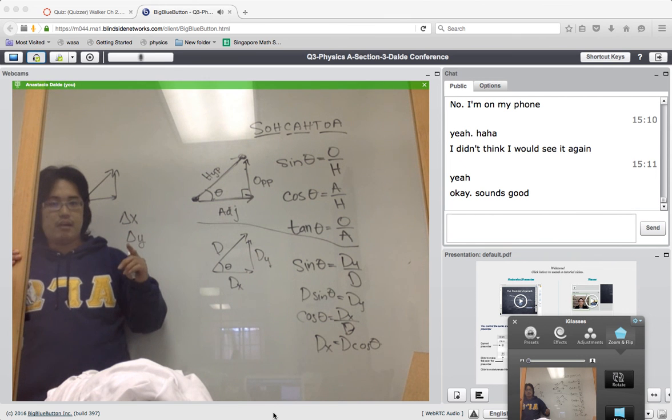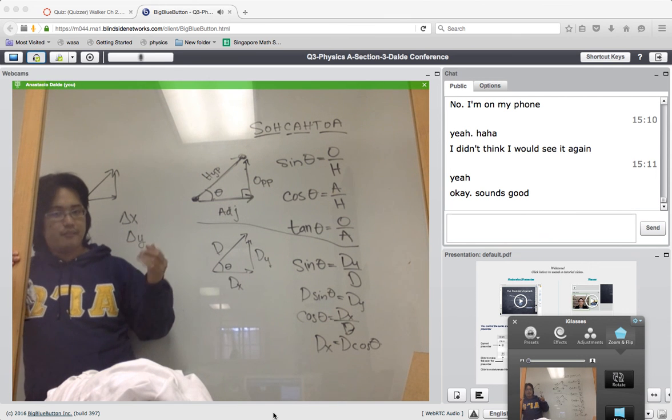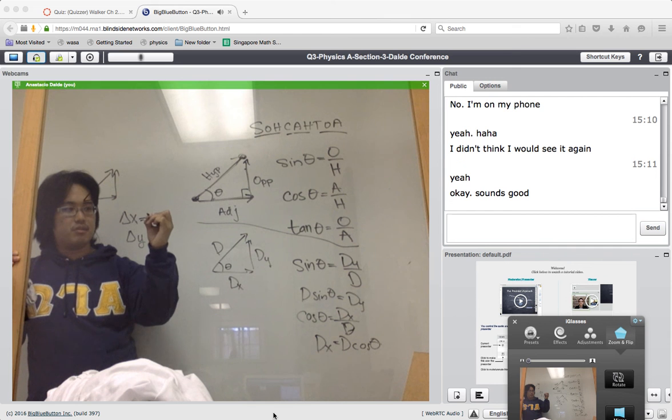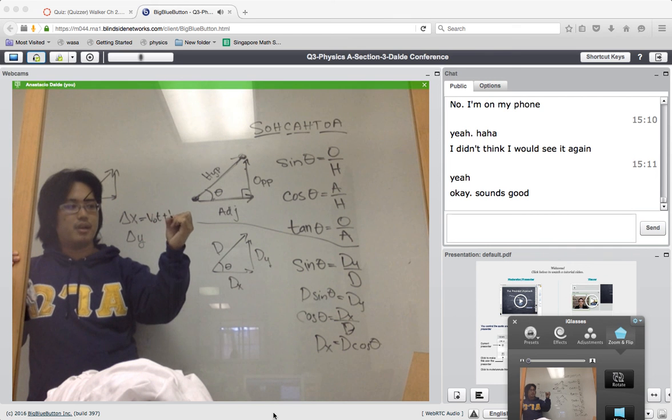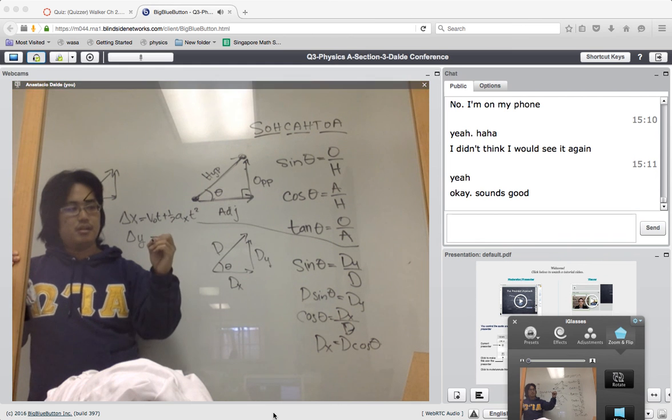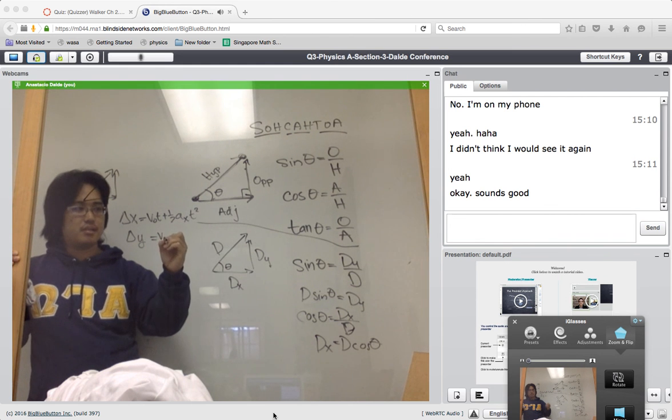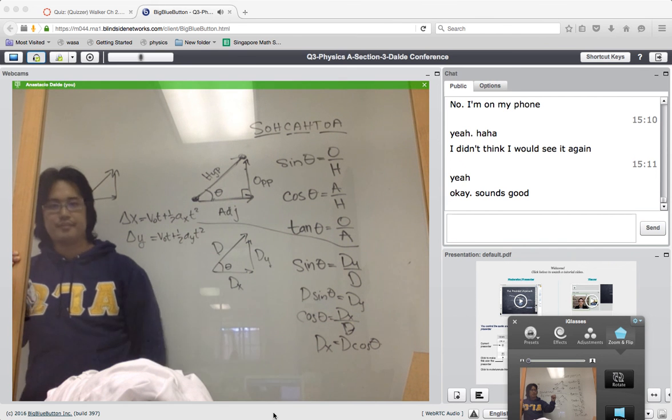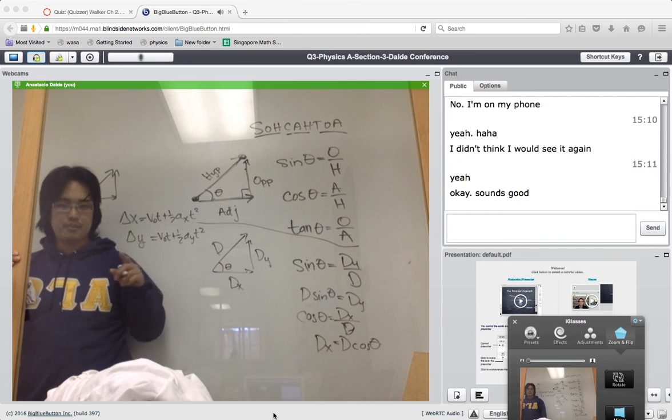Because I'm saying, well, I'm applying it to the x direction, or I'm applying it to the y direction. And notice how I'm very careful with saying delta x equals v naught t plus 1/2 a x t squared, whereas delta y equals v naught t plus 1/2 a y t squared. Because I'm considering the two different directions.